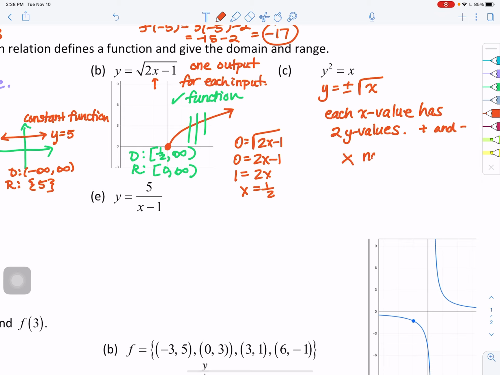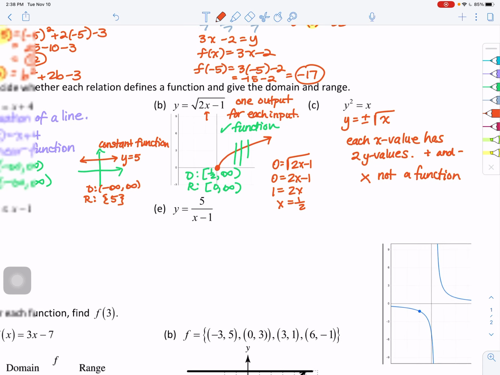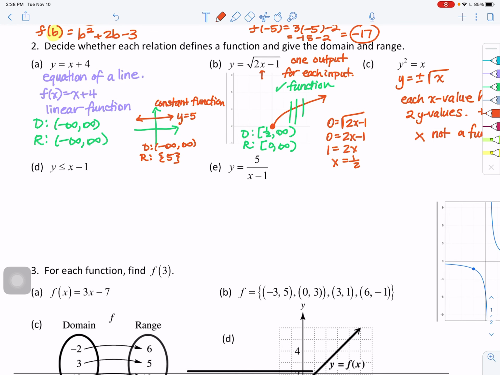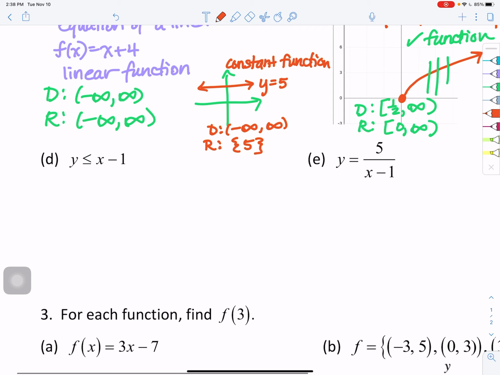So we do not have a function. If we don't have a function, we don't have to give the domain and range. This is an inequality. Anytime you see an inequality, it's not a function. It's a shaded area.